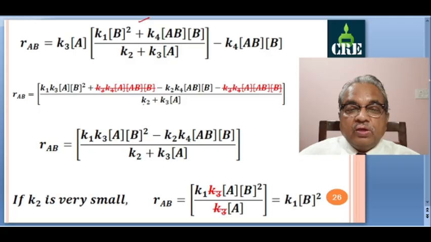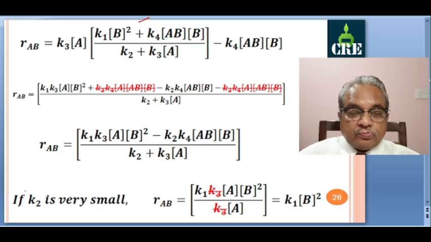So similarly you solve this. In the numerator these terms will cancel out. What is left in the numerator is K1 K3 concentration of A into concentration of B square minus K2 K4 concentration of AB into concentration of B, divided by K2 plus K3 into concentration of A.